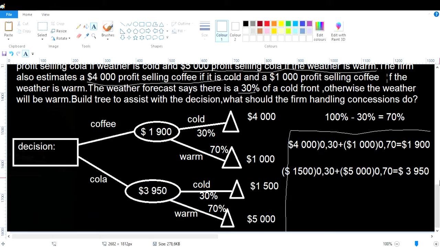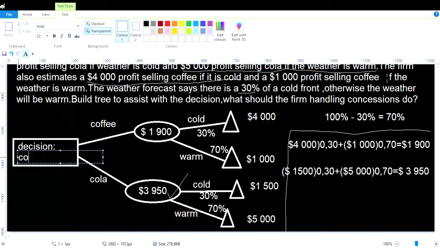So now we calculated the expected value. Let's check the highest expected value. It is clear to see that this one is the highest expected value. So let's conclude. Here I'm just going to write cola.